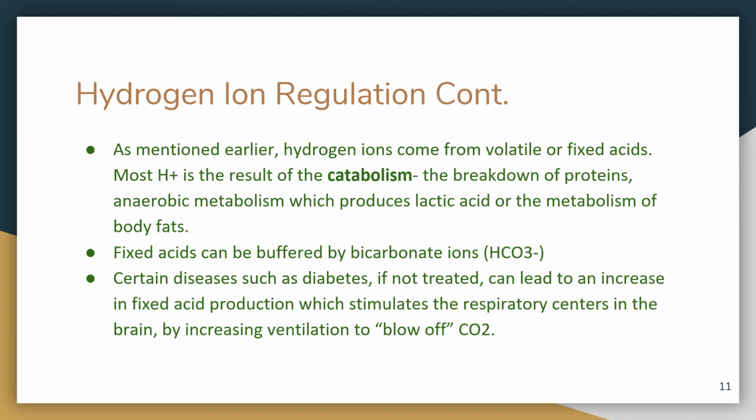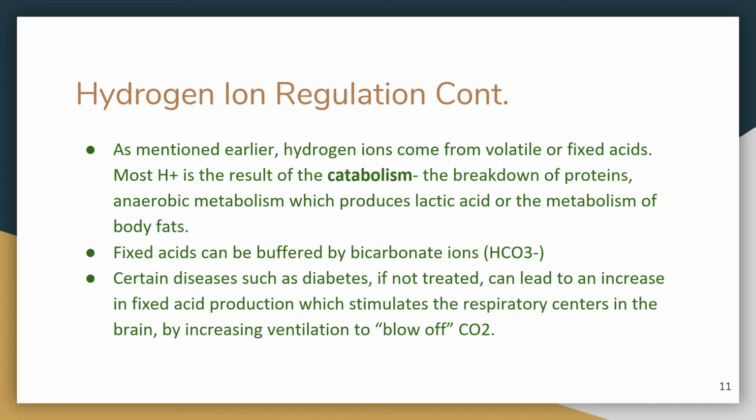So that's another contributing factor when you don't have any oxygen going on, or your tissues are not getting enough oxygen, and you build up that lactic acid, and that can be uncomfortable. Or it metabolizes fat. Those fixed acids can be buffered by the bicarb. And that's why I was saying the kidneys are in charge of bicarb, the bicarbonate ions. So if you see the HCO3, that is the kidneys' deal. So that's where the kidneys and the lungs help each other out.